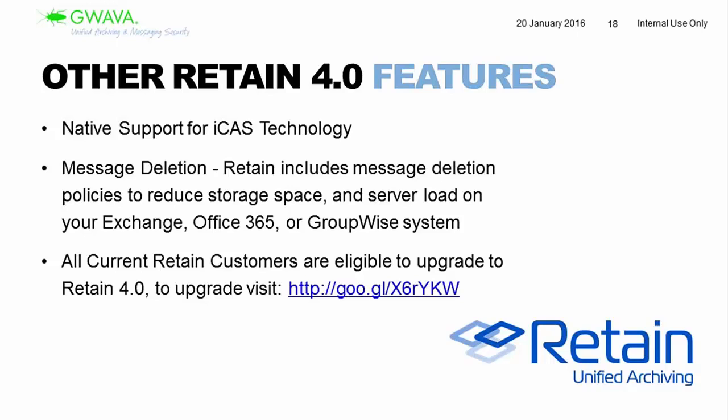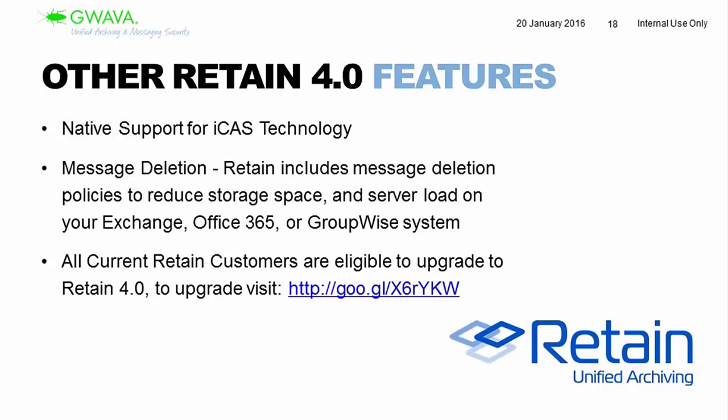So if you have messages that are older than 60 days and are getting archived in Retain, you can set up a policy in Retain to then delete those messages off of those email systems, depending on how you set that up.